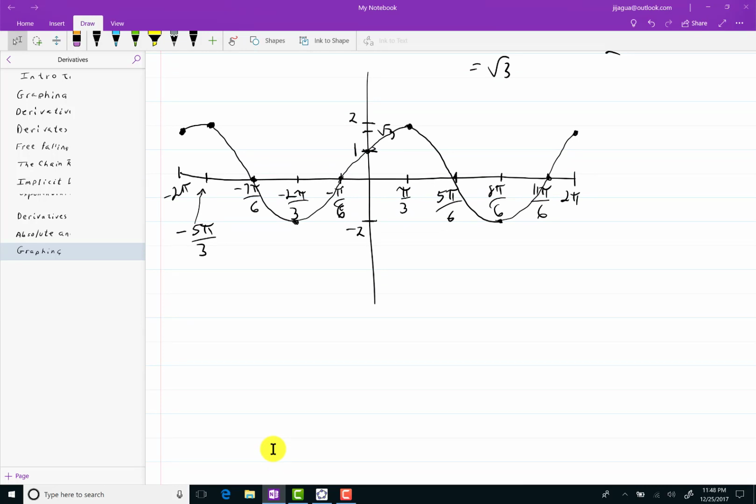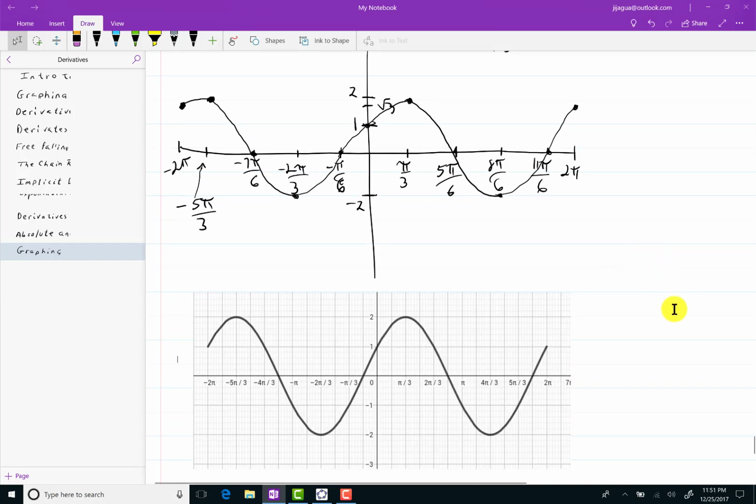So let me go ahead and pull that up, and we'll see how the two of them compare with each other. Okay, now I've got my graph, and I can see that I made a mistake at the endpoints. Look at these endpoints here. They are negative 2 pi comma 1, so this up here should have been lower. So let me fix that.